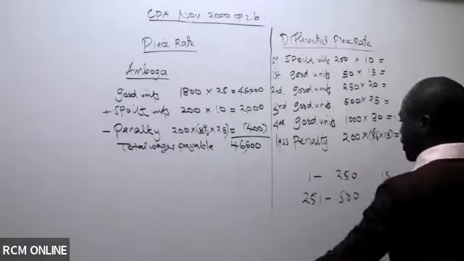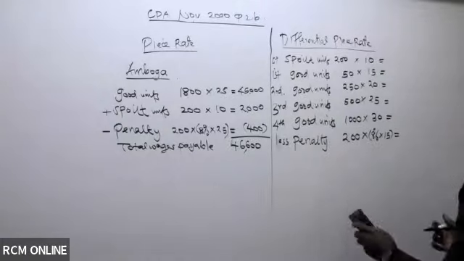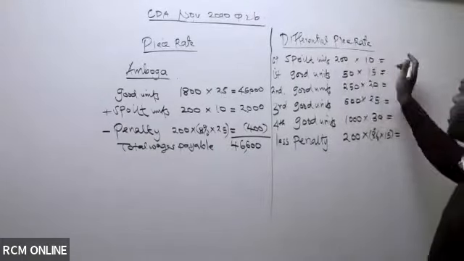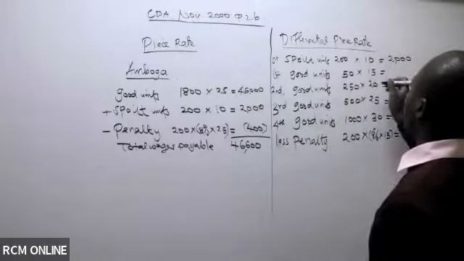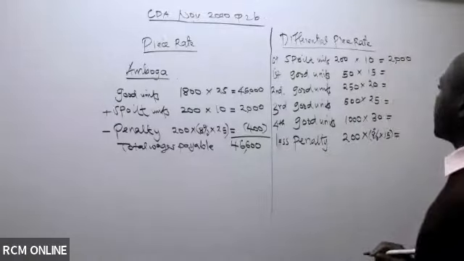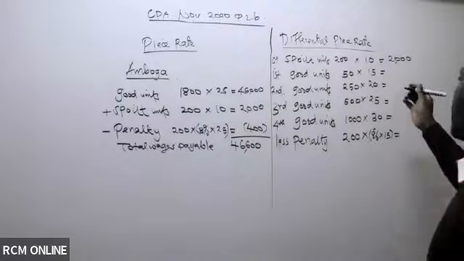Is it okay now? Great. So let's go ahead and get the total amount payable to Amboga under differential piece rate. So we have 200 times 10, which will give me 2,000. We have 50 by 15. What are we getting? 750.